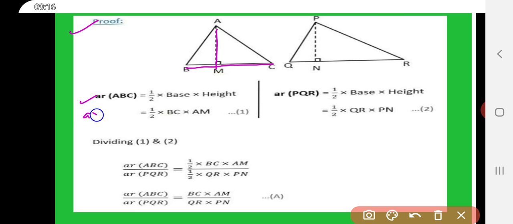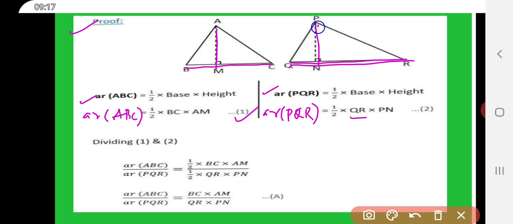Give it equation 1. Similarly, area of triangle PQR is equal to half into QR into PN. Give it equation 2.